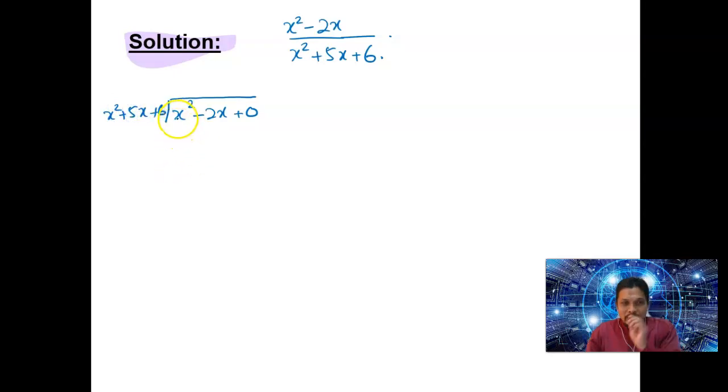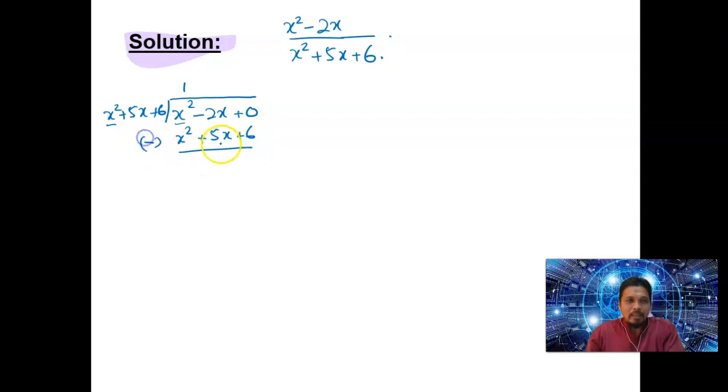So x squared divided by x squared equals 1. Then 1 multiplied with x squared, 1 multiplied with 5x gives 5x, and 1 times 6 equals 6.